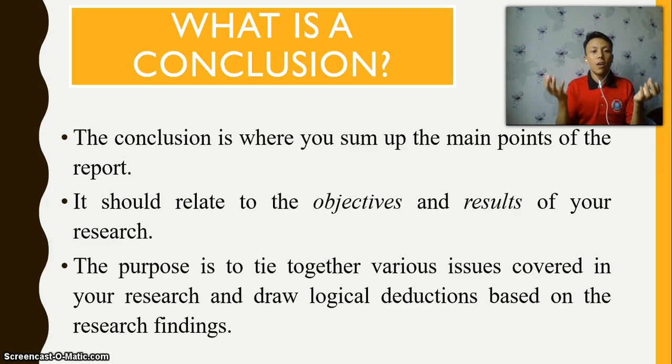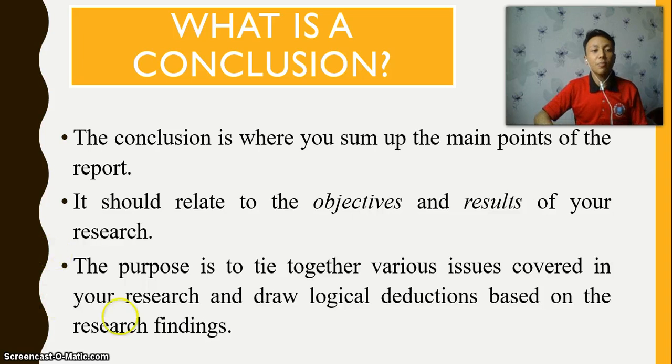Make sure the two things we have explained in our research paper relate to each other, to make sure that our research can be achieved. And the last point: the purpose is to tie together various issues covered in your research and draw logical deductions based on the research findings.